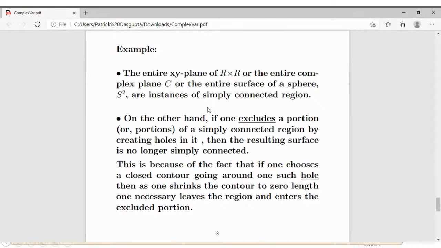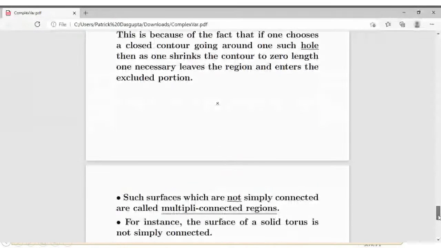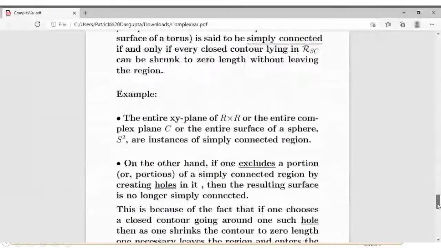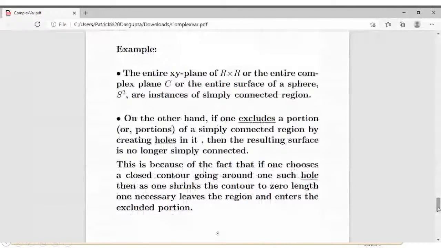I'll soon show you pictures so that you have a good idea of what is going on. So these are the examples of simply connected sets.